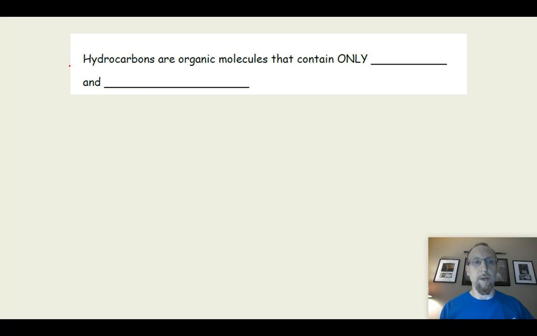It has the word hydro and carbon in it because these are molecules that contain only carbon and hydrogen. So they just contain two elements. But if you look at the numbers of each you can have, the different bond formations, there's a lot of different possibilities. So there's a lot of different compounds just containing these two elements, carbon and hydrogen.